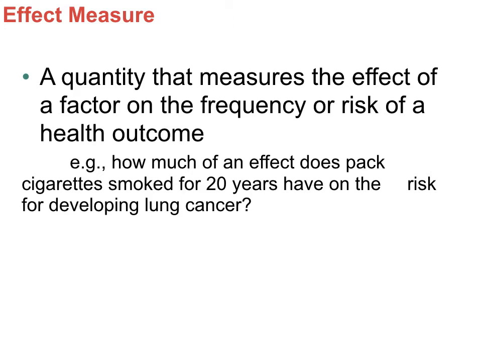This could be a retrospective case control study, where we look back to calculate the odds of developing lung cancer based on the amount of packs of cigarettes smoked each week over 20 years, and we'll look to see if there's an association.